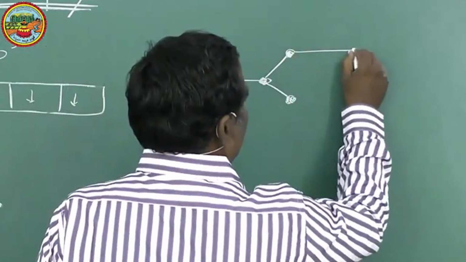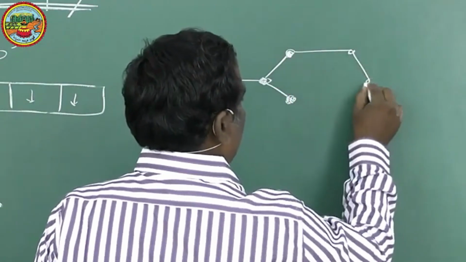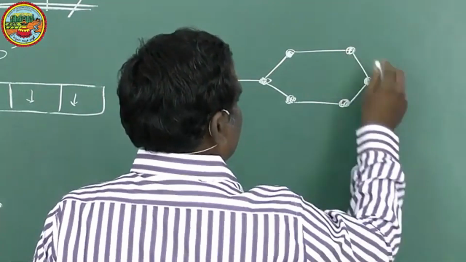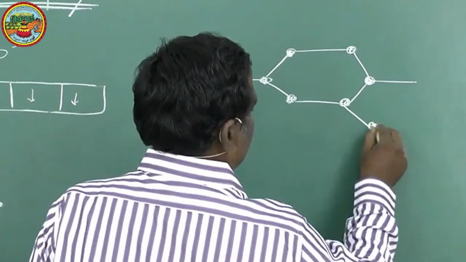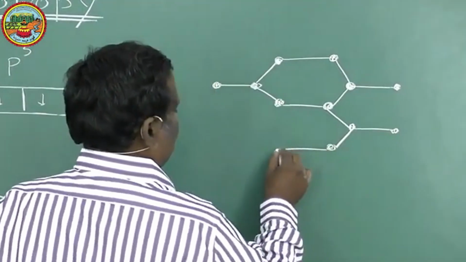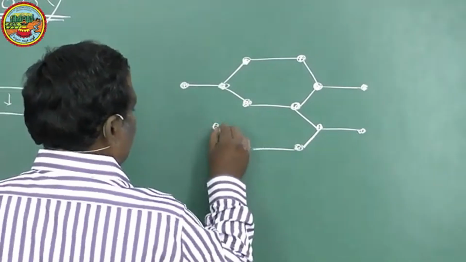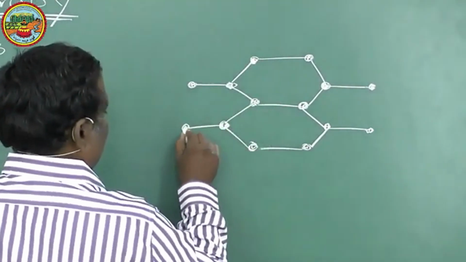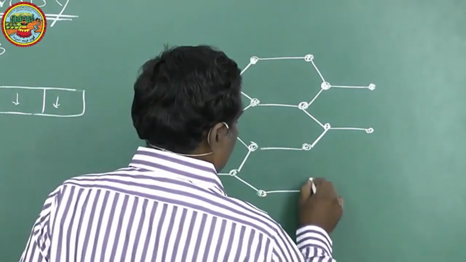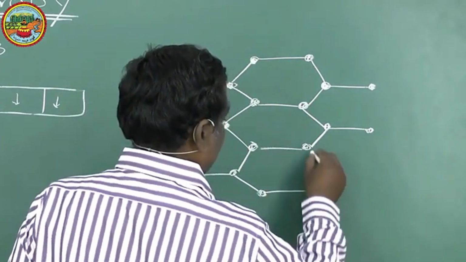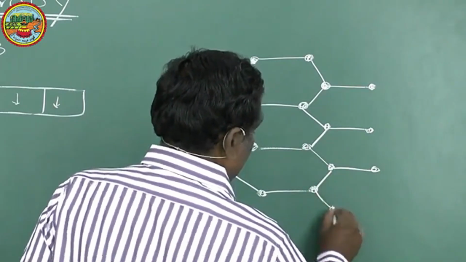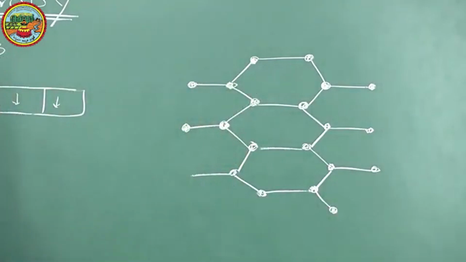Now again this carbon can form 3 bonds to form a hexagonal ring. Like this, a layer-like structure will be formed.